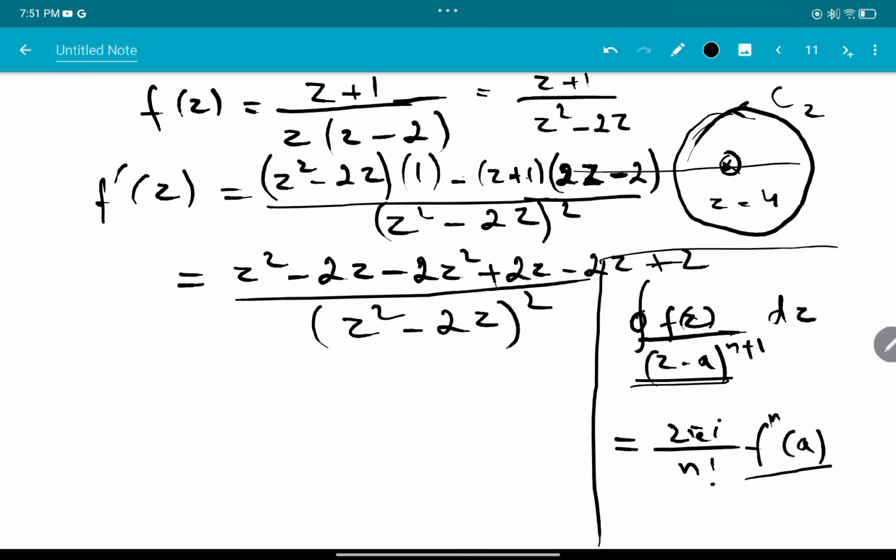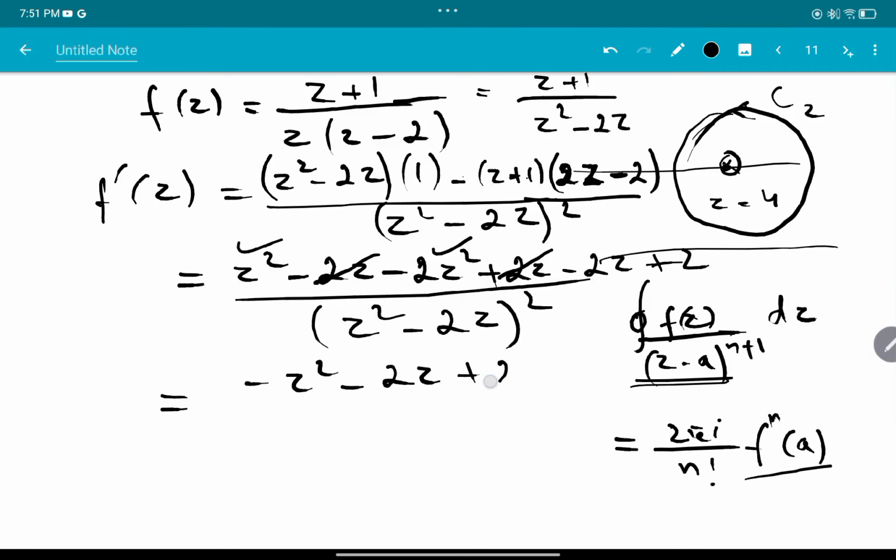You have 2z and 2z, they will cancel. You get z square minus 2z square, that is minus z square, then minus 2z and plus 2, divided by z square minus 2z whole square.